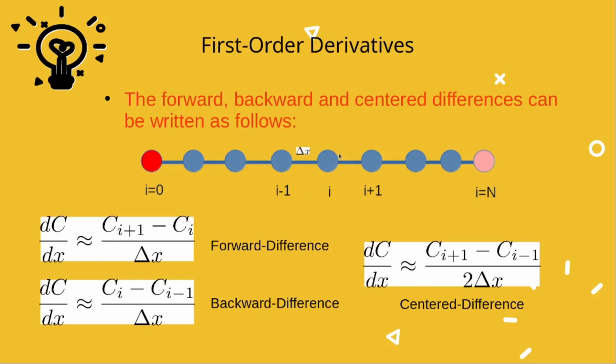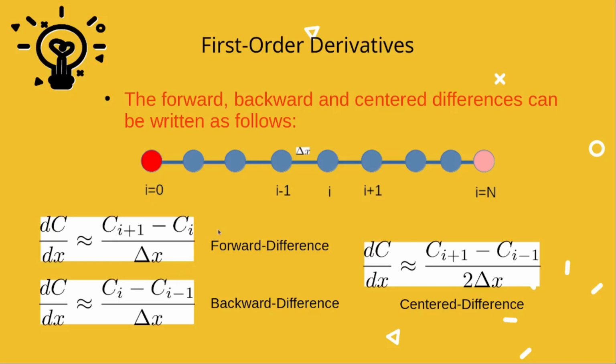And then backward difference means C of I minus C of I minus 1 divided by delta x. Keep in mind that we only know our values of C here, and we may have some information here. We don't have this. So what happens is we are writing the values in terms of two different unknowns, right? Your I plus 1 and I, or I and I minus 1.